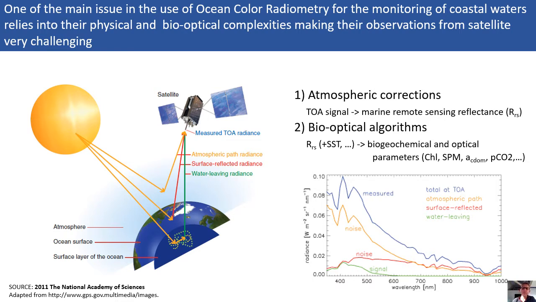Then, bio-optical algorithms using Rrs have to be developed to estimate the different biogeochemical and optical parameters. Among them, we can find the chlorophyll concentration, the suspended particulate matter, absorption by colored dissolved organic matter, or partial pressure of CO2 and many other parameters.